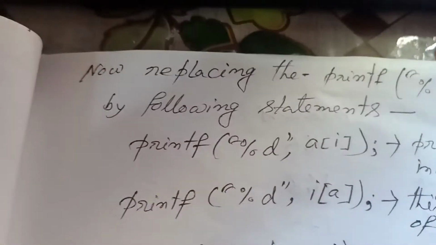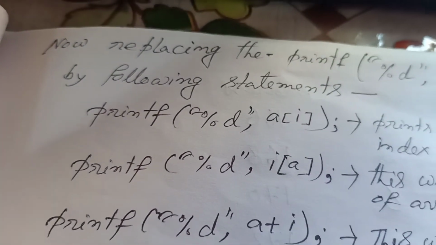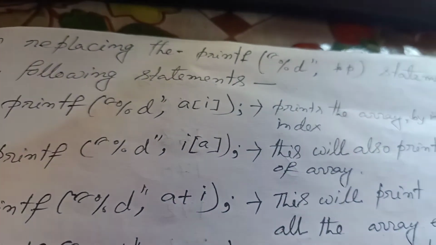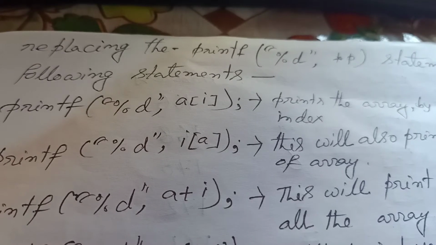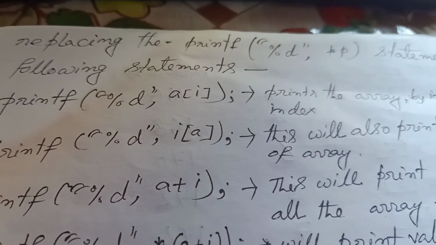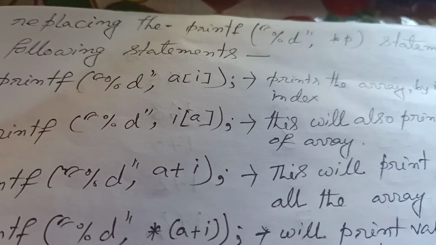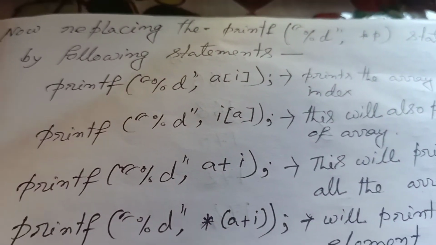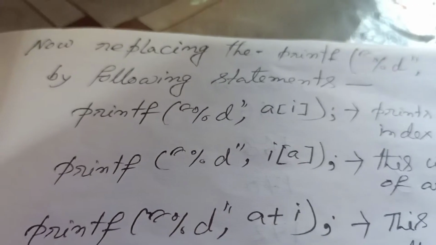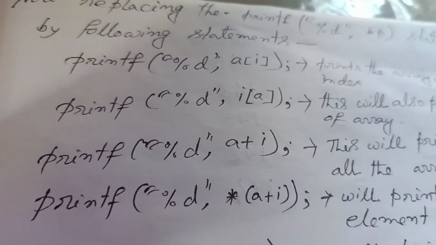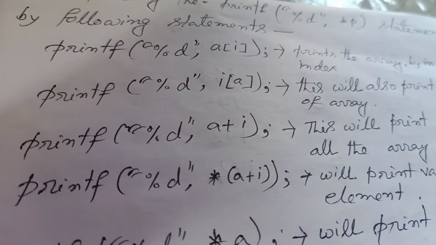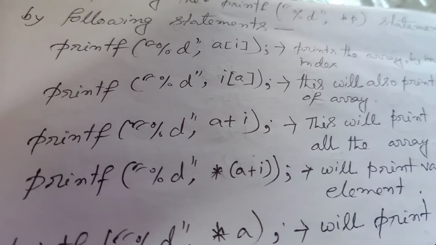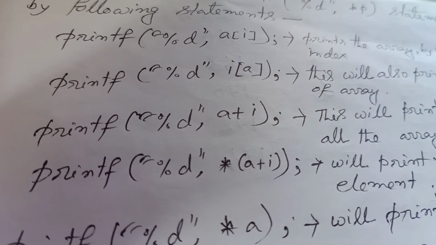Now, replacing the printf %d with *p statement, we can also use the following statements. What are the statements? printf %d, comma, a[i].